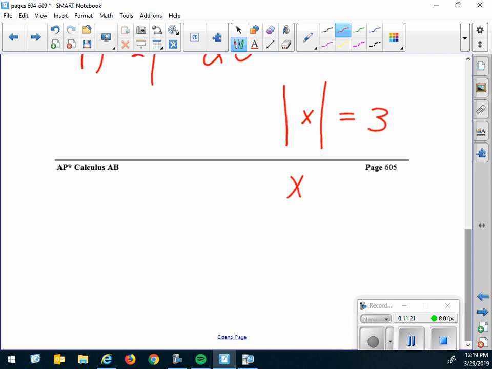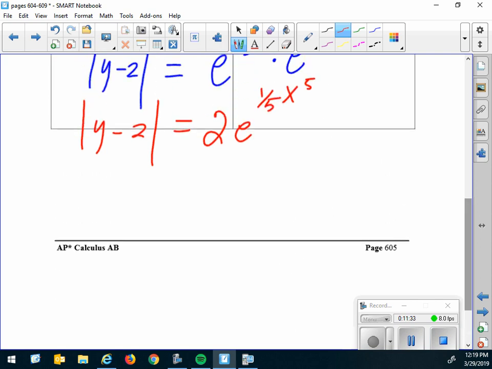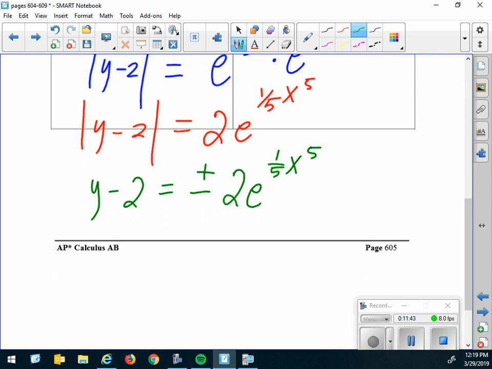I got rid of the absolute value bars by doing what? Plus or minus. So, y minus 2 equals plus or minus 2e to the 1/5 x to the 5th.